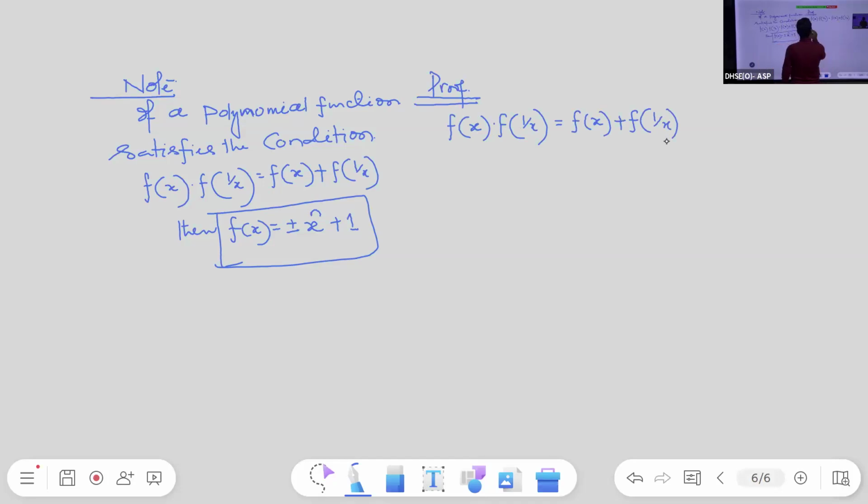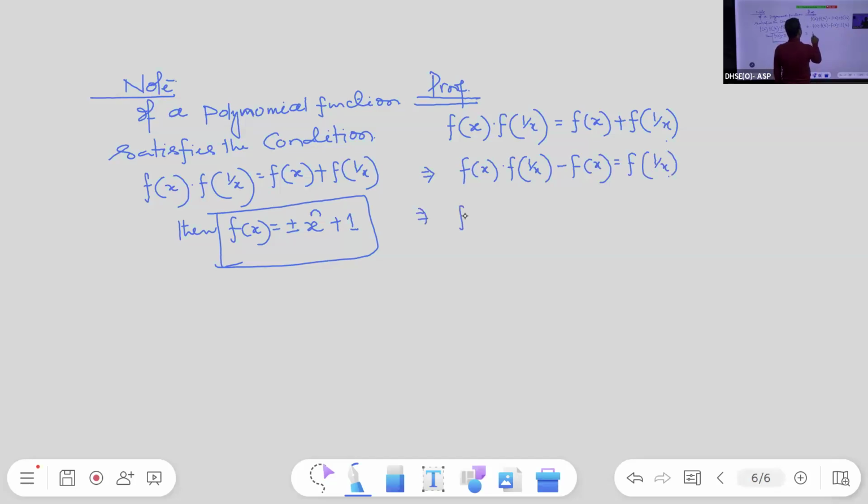Now taking f of x to the left hand side, the expression will be f of x into f of 1 by x minus f of x equals f of 1 by x. Now we can take f of x as common.